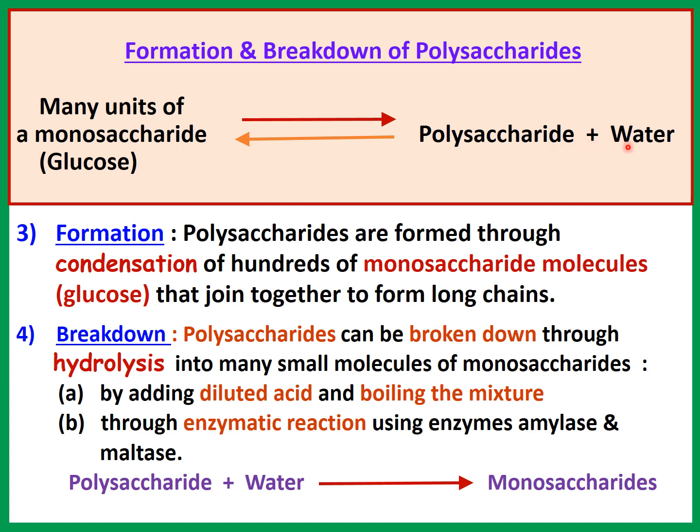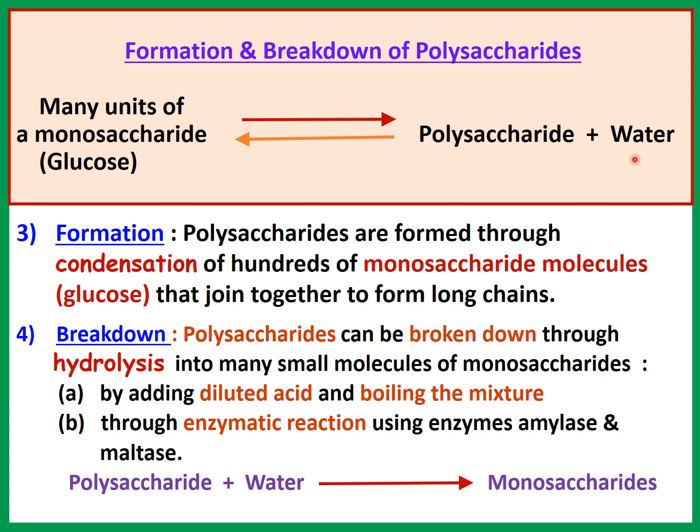molecules of water. So here, let's look at this diagram. The smaller molecules are the many units of monosaccharides, such as glucose. They combine together to form the larger and more complex molecule, which is the polysaccharide, with the removal of molecules of water.